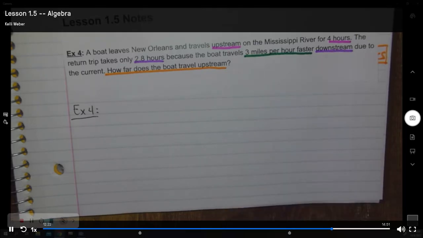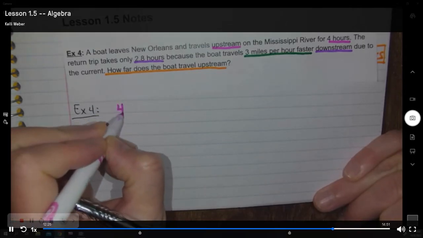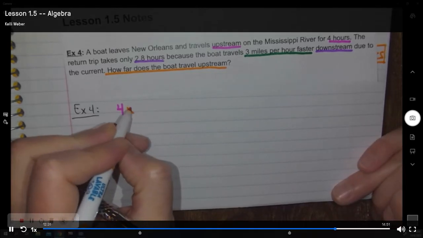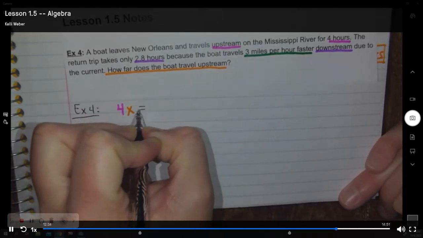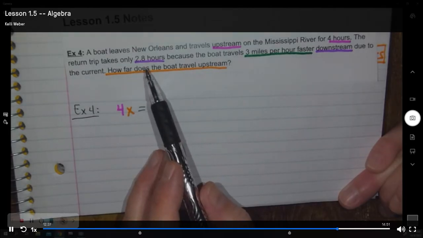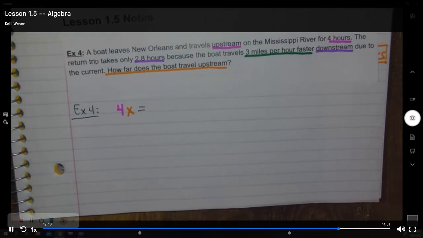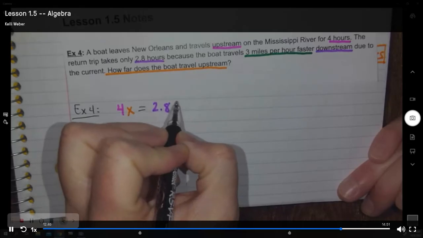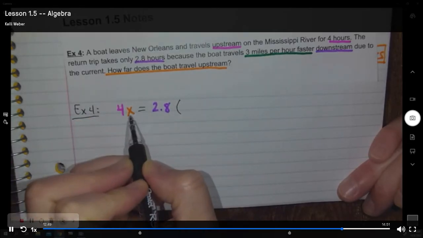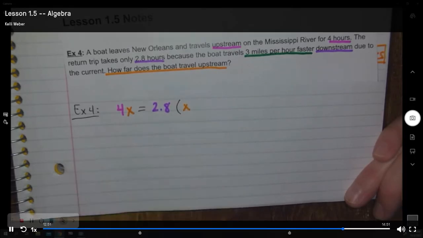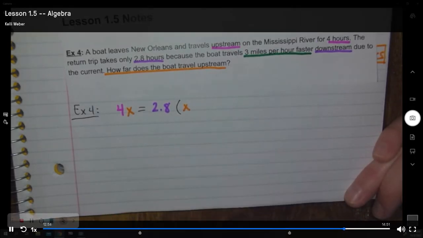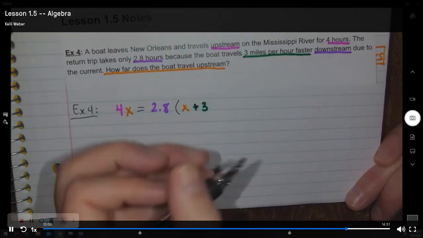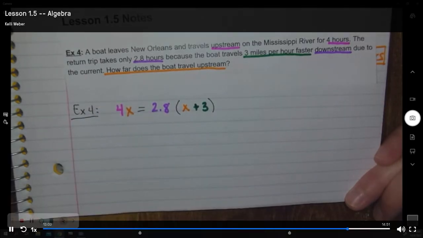For the upstream trip, it was 4 hours times the speed, which is x. And for the downstream, we took 2.8 hours, times our original speed x, but it says it was 3 miles per hour faster. So we have to add 3 miles per hour to the original speed before we multiply it by the number of hours it took us.